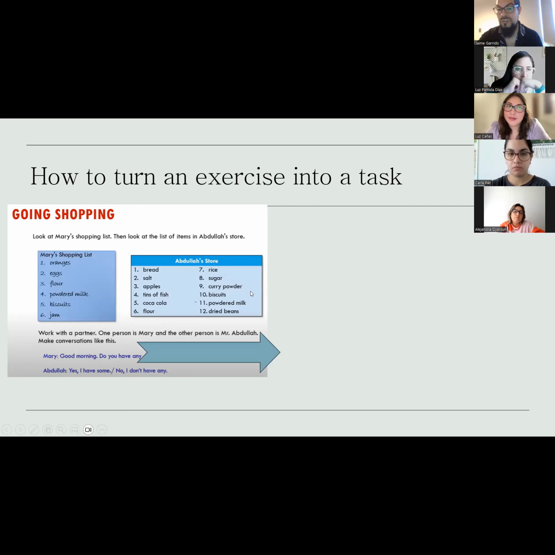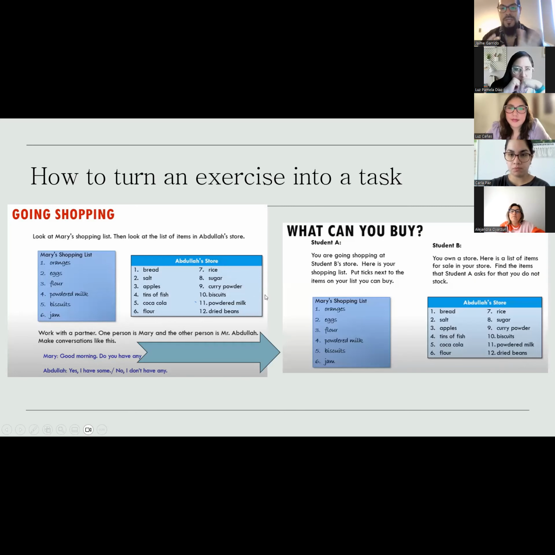Now, how do we turn this into a task? We can give student A some information. You're going shopping at the store. Here is your shopping list. Put ticks next to the items on your list you can buy. And student B, you own a store. Here's a list of items for sale in your store. Find the items that student A asks for that you do not stock.